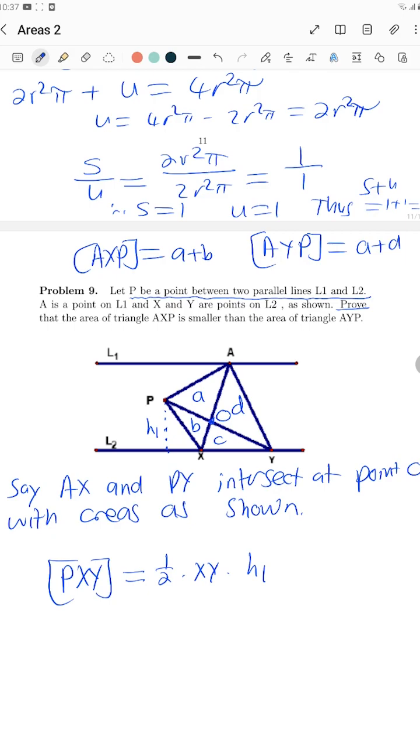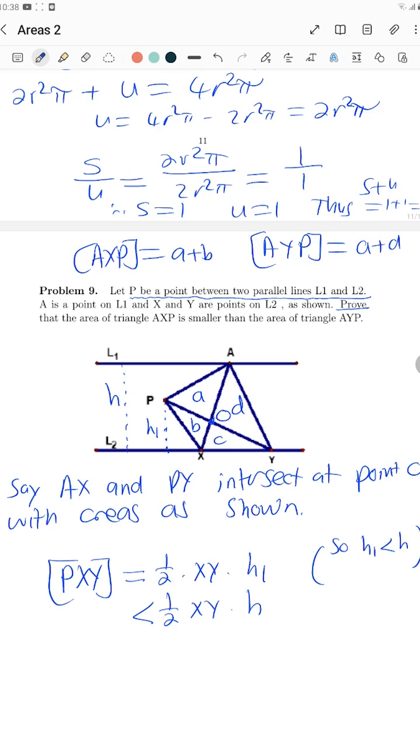Now, P is between the two parallel lines, so let's say the distance between the two parallel lines is H. So H1 is less than H because point P is between the two parallel lines. So if H1 is less than H, that means that a half times XY times H1 is less than a half XY times H, as shown in the diagram.